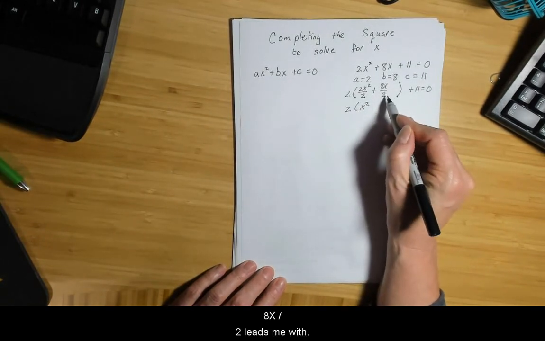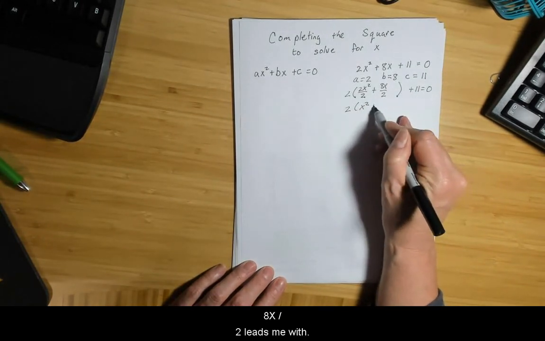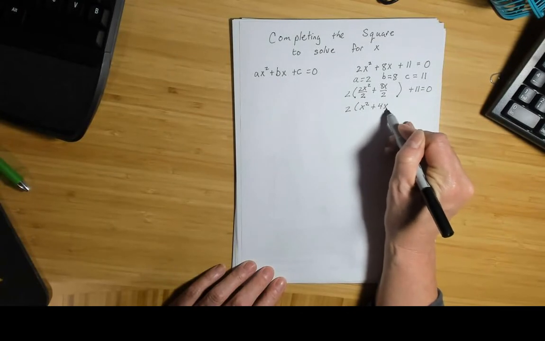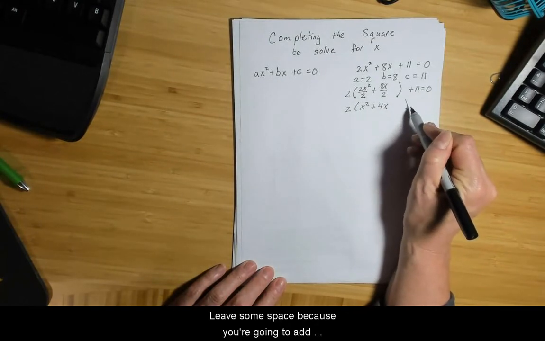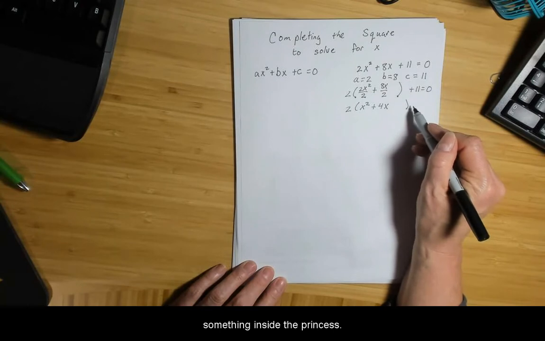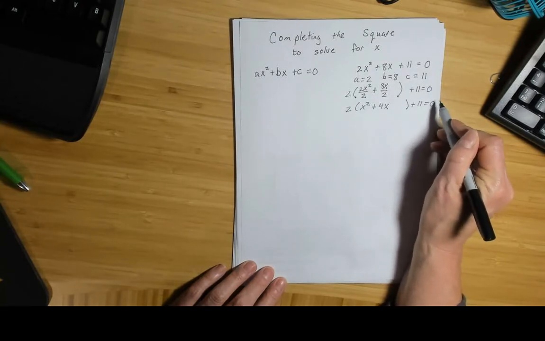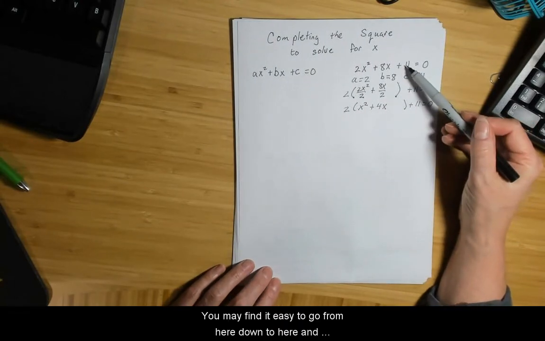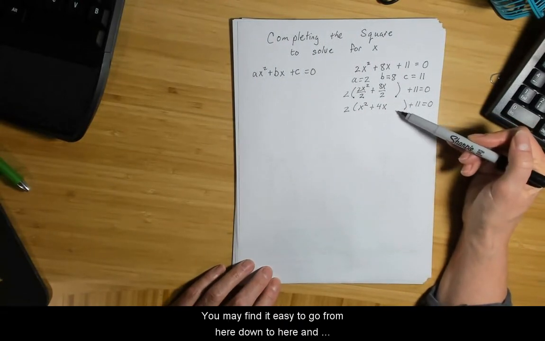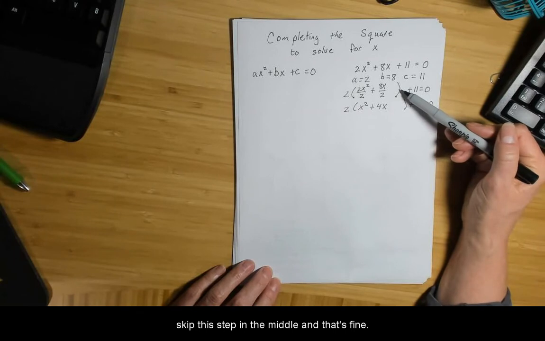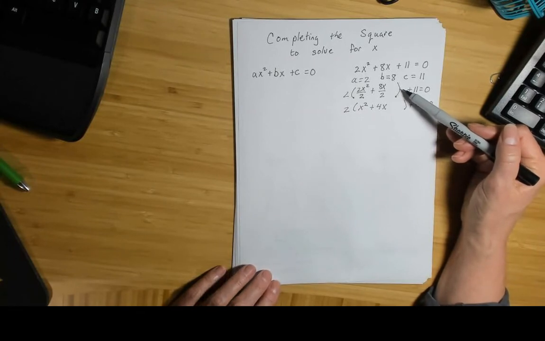The 8x divided by 2 leaves me with 4x. Leave some space because you're going to add something inside the parentheses, then plus 11 equals 0. You may find it easy to go from here down to here and skip this step in the middle, and that's fine.